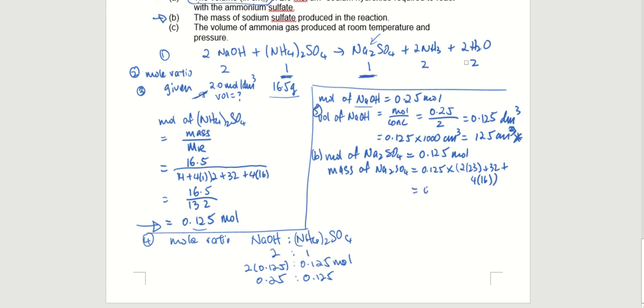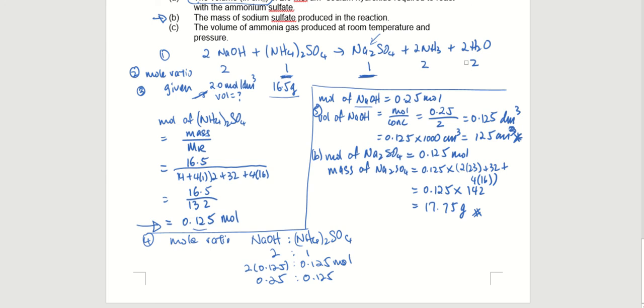So this will give us 0.125 multiplied by 142, and this will give us a mass of 17.75 grams of sodium sulfate formed.